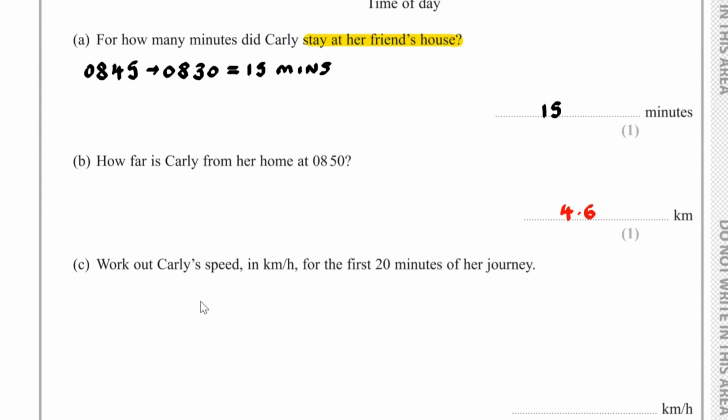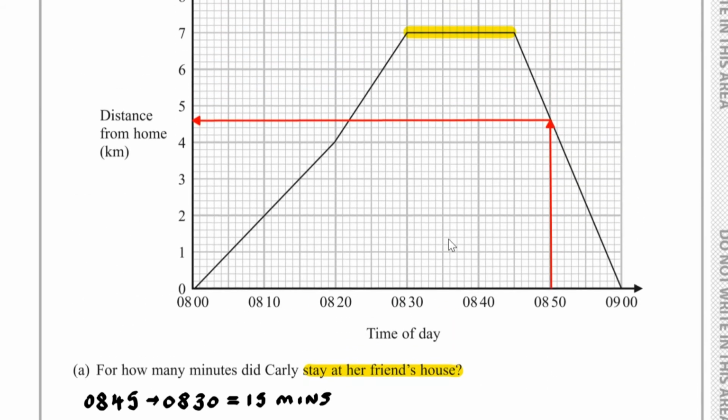For part C, we have to work out Carly's speed in kilometers per hour for the first 20 minutes of a journey. So for the first 20 minutes, what we need to do is work out the speed. So for that, we need to work out the gradient. So we need the vertical divided by the horizontal.